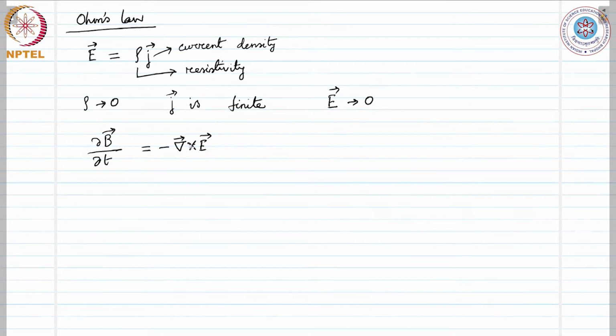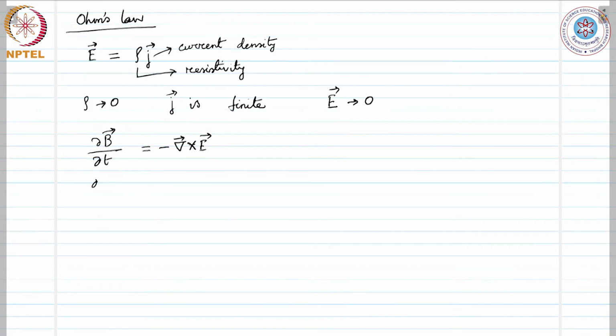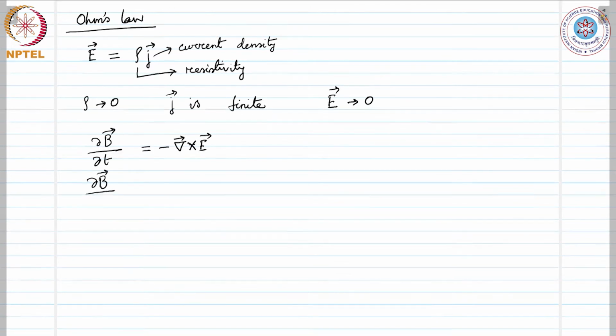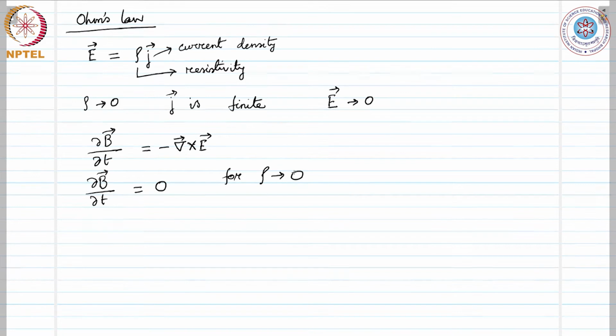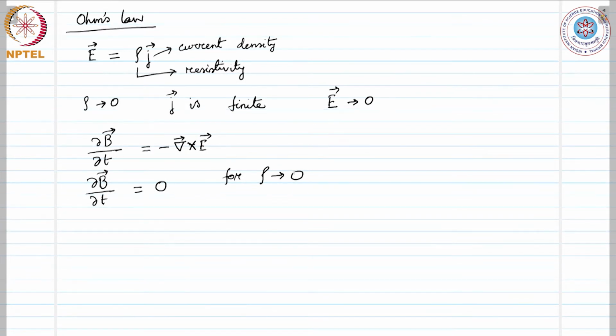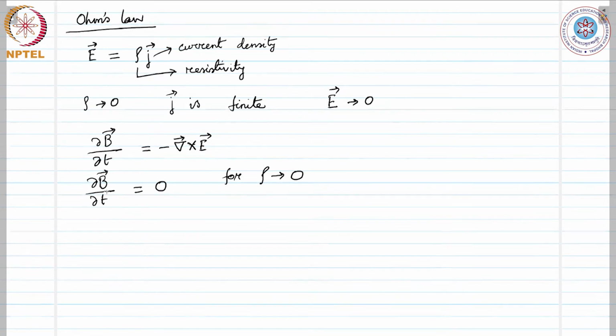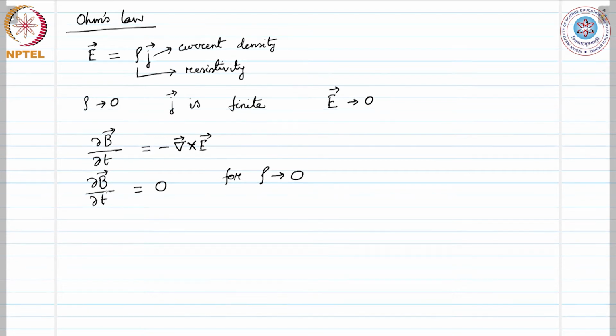Recalling this, 0 resistivity means del B del t must be 0. That means there is no change of the magnetic field with time, but that does not require the magnetic field to be 0.